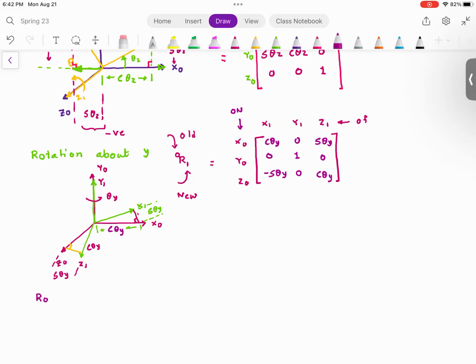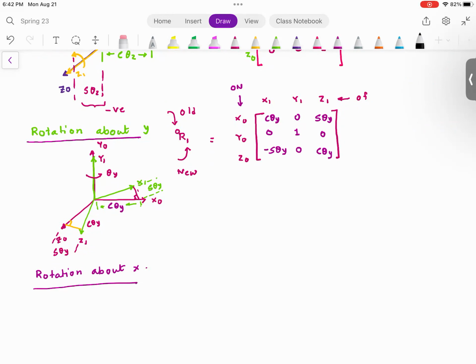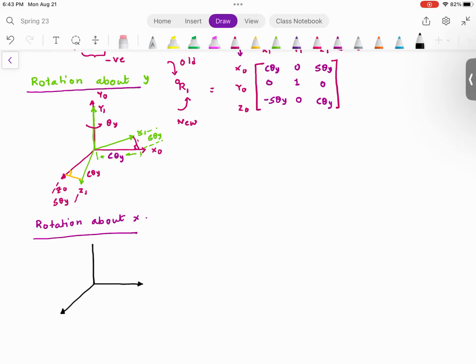Now, next thing is rotation about x. And again, you have x0, y0, z0, x1, y1, z1, and again this is a perspective view, so I need to draw projections something like these.